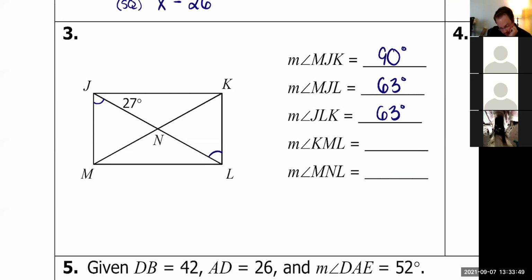KML. Well, KML. Just right here. So this one. Try and decide the best approach here.